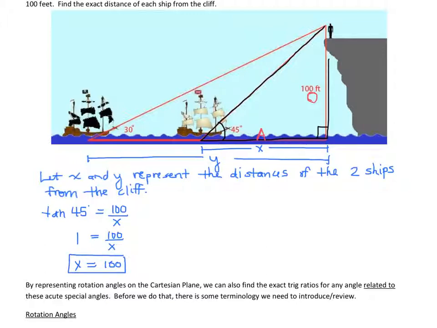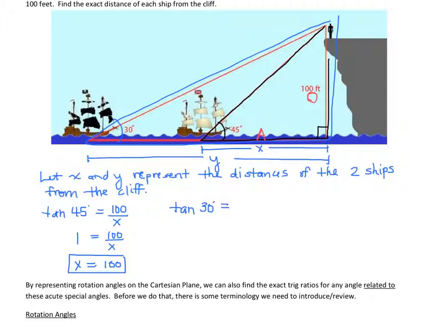Now similarly, looking at the larger of the two triangles in the diagram, we have a 30-degree angle marked, which tells us that this is a 30, 60, 90 triangle. Once again, you know the length of the opposite side. We're finding the length of the adjacent side, so we're going to apply the tangent ratio a second time, this time using the 30-degree angle.